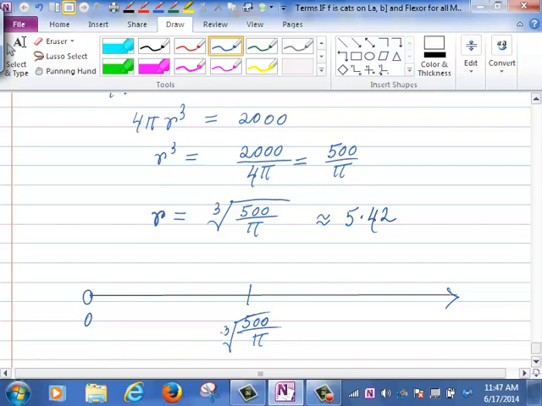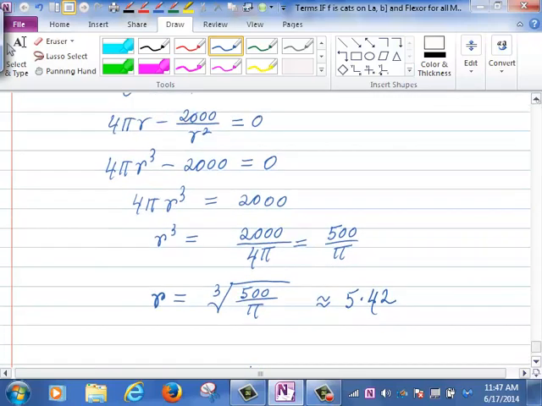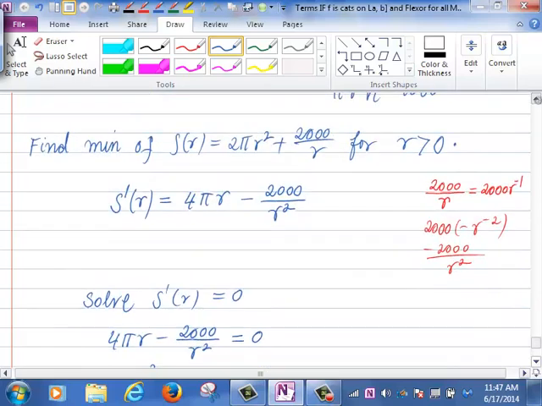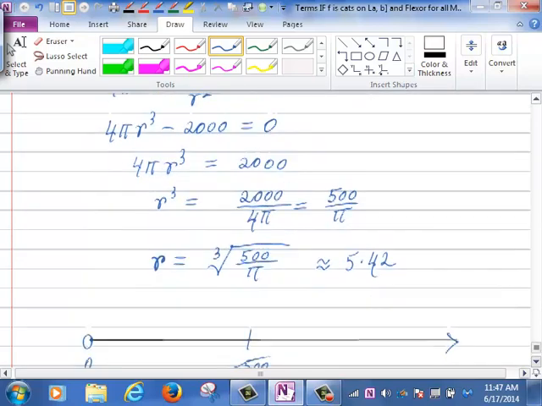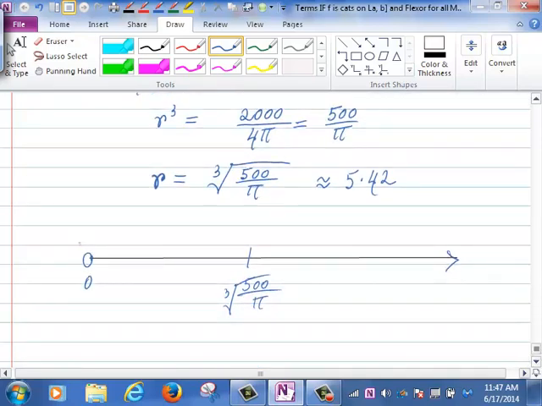Now the derivative function is given by this, right? Is it positive or negative on the left side of the critical point? The critical point was about 5.42, right? So what can you plug in? You can plug in 1. If you plug in 1, S prime is negative here, right?